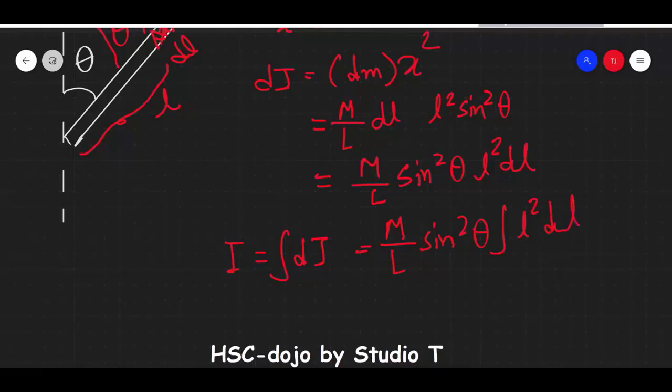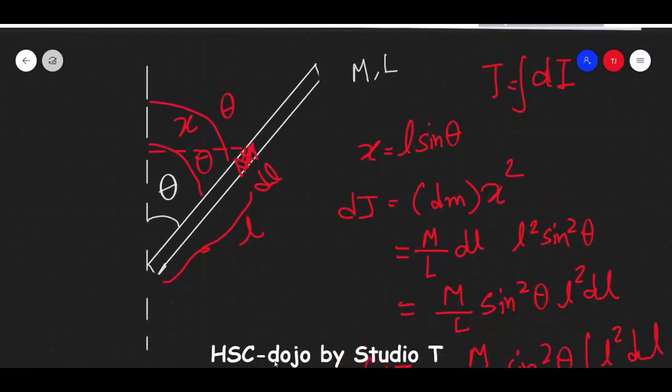Now we have to pick two suitable limits. So let's see, here at this end l is 0, because l is the distance of the differential portion from this end, and at the other end l is capital L, because capital L is the length of the entire uniform rod.